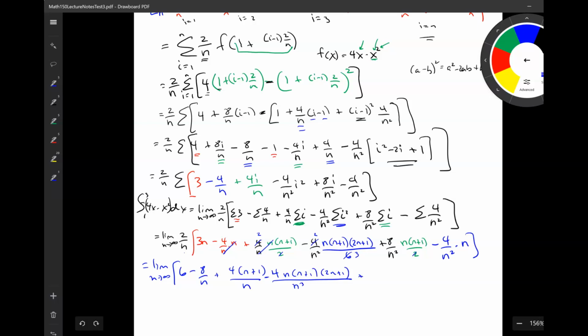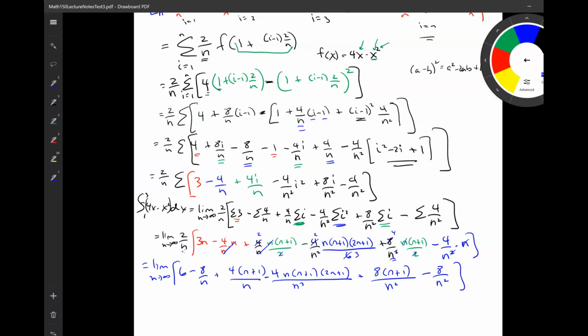Plus. Okay, so a little canceling going on here. So this gives me an 8. One of these cancels times (n plus 1). This n times this n gives me an n squared. Then finally this times here, so one of these cancels. So I'll get a minus 8 over n squared.